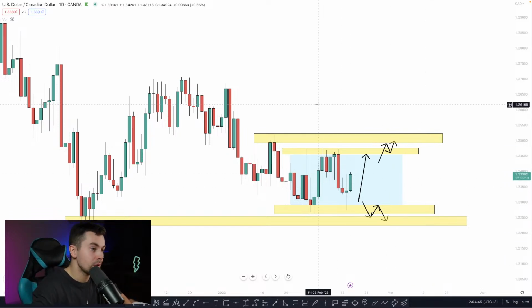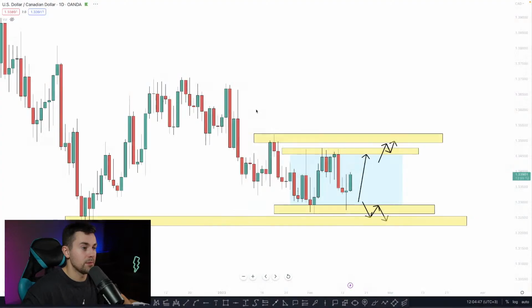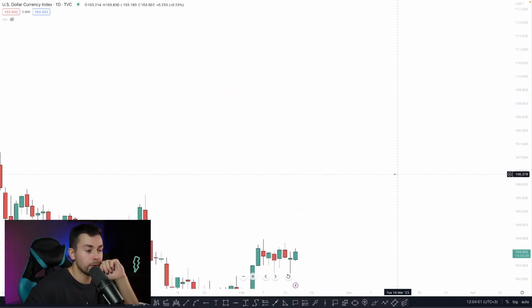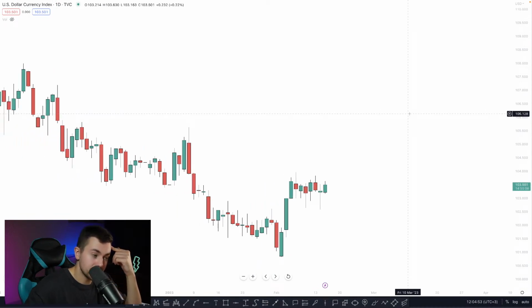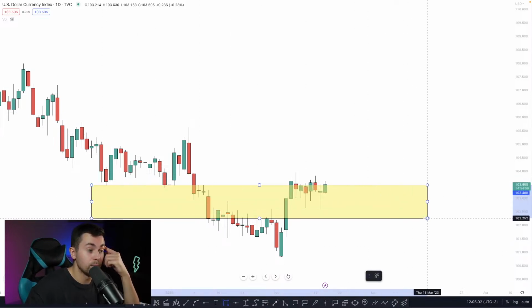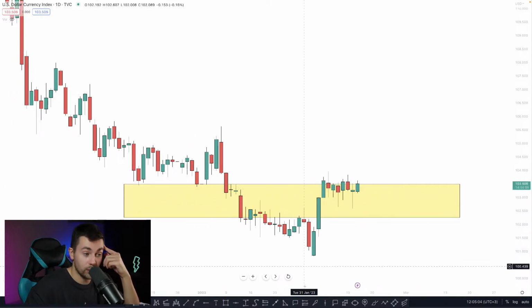Anyway, dollar index, DXY, that will be the next instrument that we will analyze. So here on the dollar index, I guess we see a lot of bullish clues. Recently, the price has violated that important zone of supply.